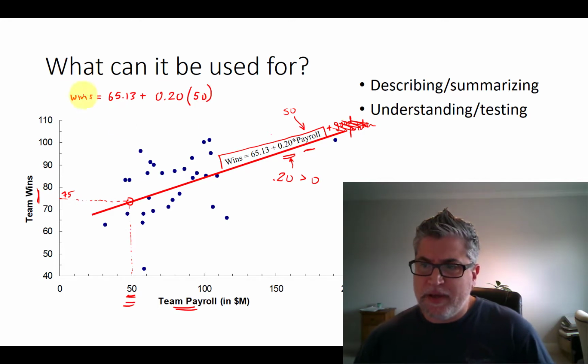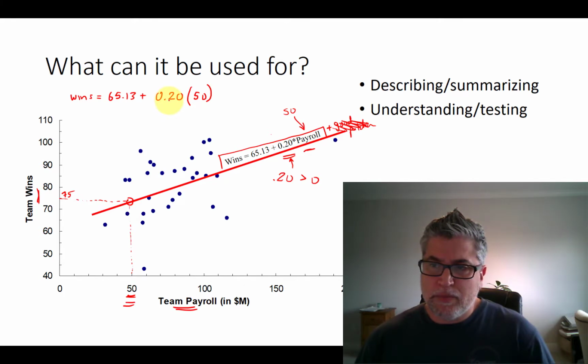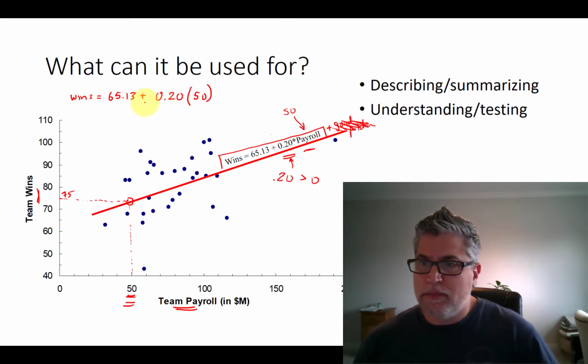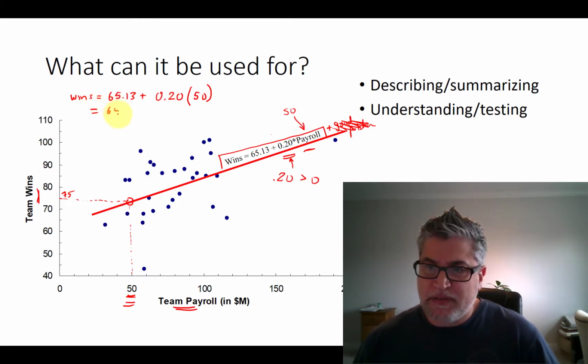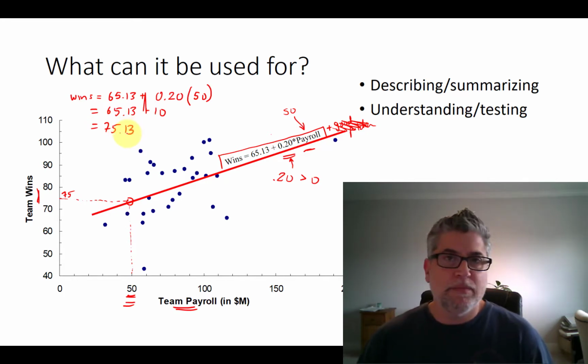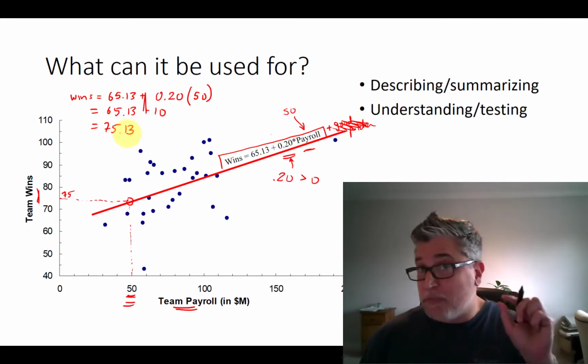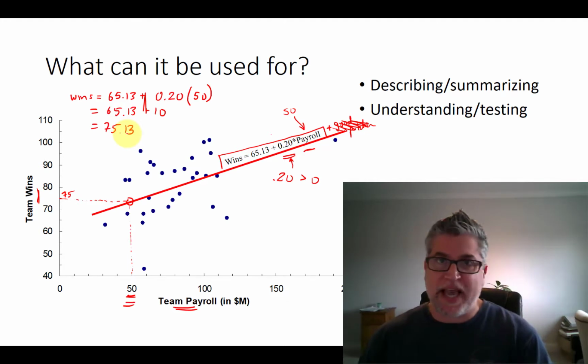All right, well, what's 50 times 0.2? That's 10. So we have 65.13 plus 10, and so we get 75.13.